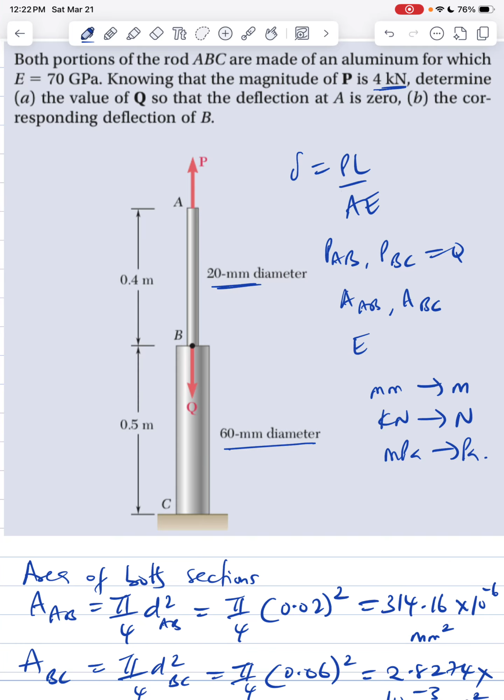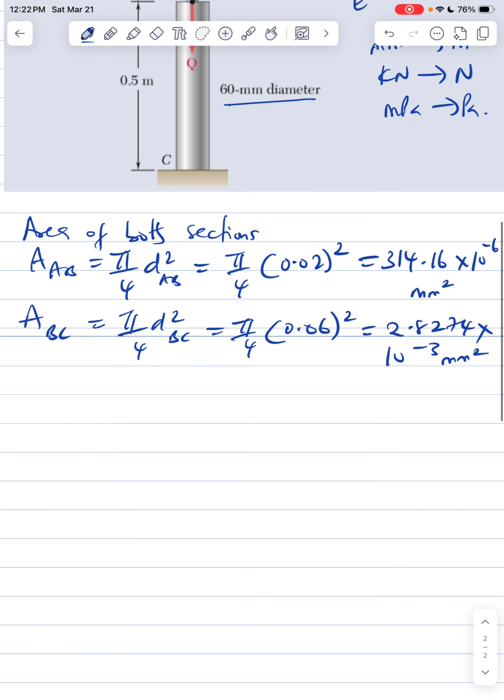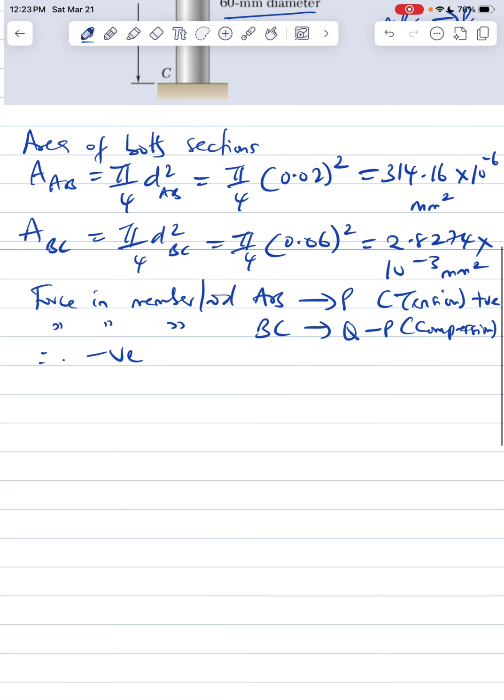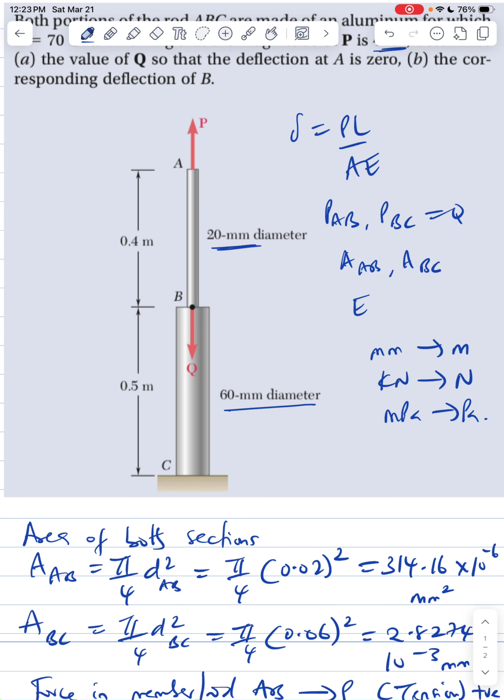So the force in rod AB is P, which is in tension, therefore positive. The force in member BC is Q minus P, which is compression, and therefore negative.